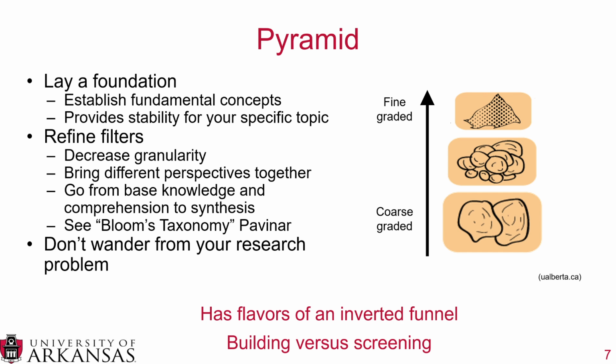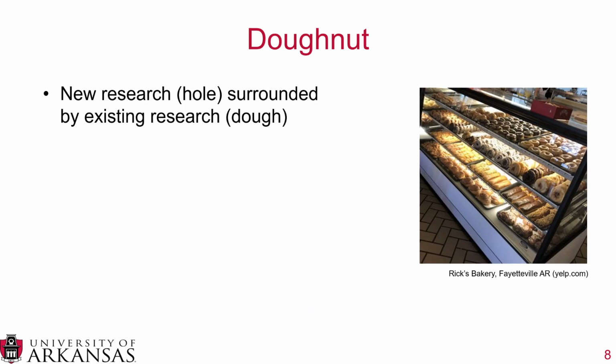And really, this does have flavors of an inverted funnel, the slide that we were just on. I'd see this, though, as kind of building concepts versus screening ideas. So similar endpoints, but the way you think about it, the process you go through is quite a bit different. And then finally, third, the donut approach.